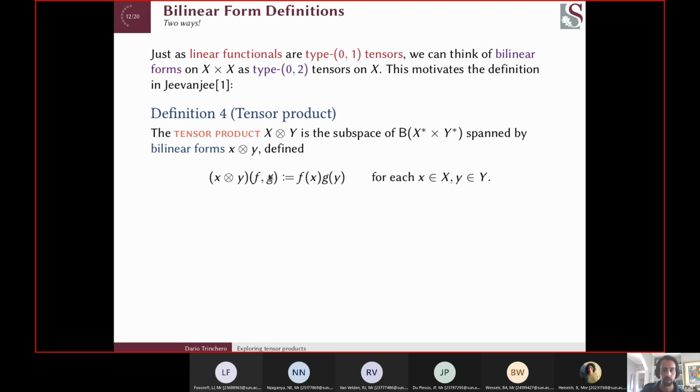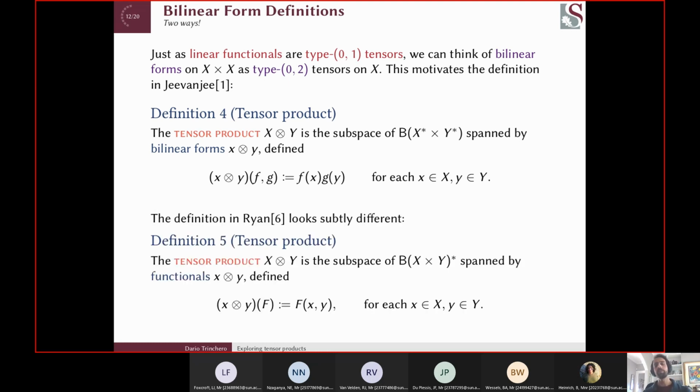That's this F and G over here. And how do we define a bilinear form? We have to define it on every pair. And what do we have to get? We have to get a complex number. So how do we get a complex number out of F and G together with X and Y? Well, we can just take F of X, which is a complex number, since F is a linear functional, times G of Y, which is a complex number, since G is a linear functional. So this is a well-defined definition.